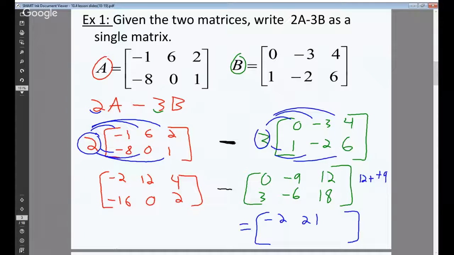Then 4 minus 12 will give you -8. -16 minus 3 will be -19. 0 minus a -6 becomes plus 6, which gives you 6 in that spot, and then 2 minus 18 will give you -16. And that's all there is to it.